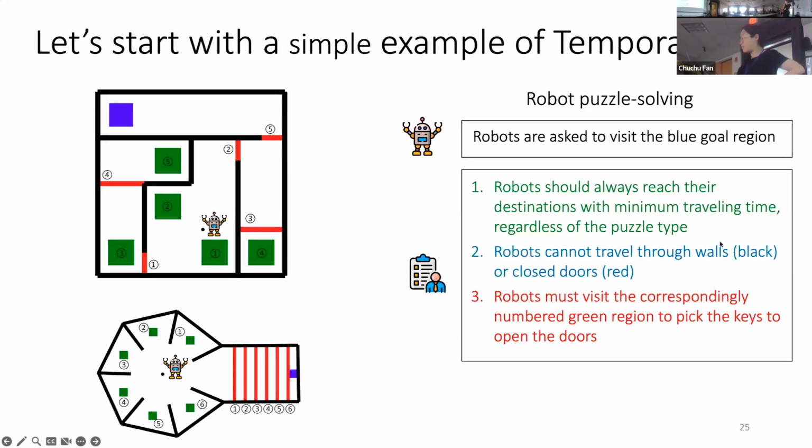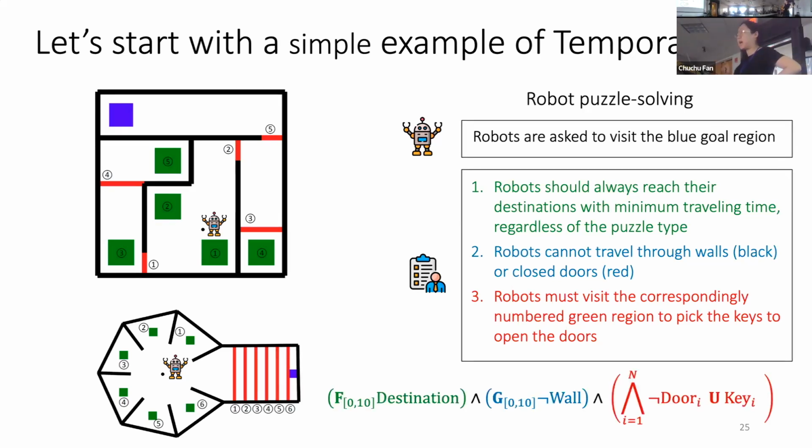So I have the requirements here, again color-coded. The robot should reach its destination, cannot travel through the walls and closed doors, and must visit the corresponding numbered region to find the key, then open the door and travel there. This is not something we can describe with a control language, but we can use temporal logic.